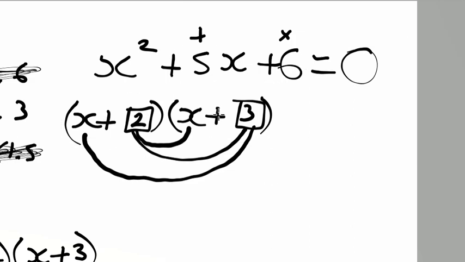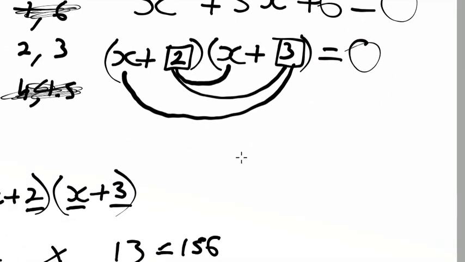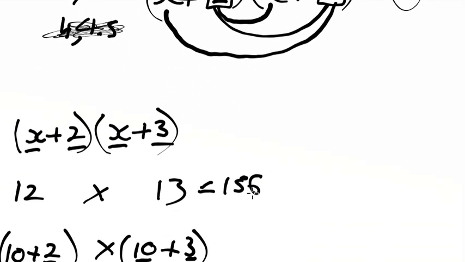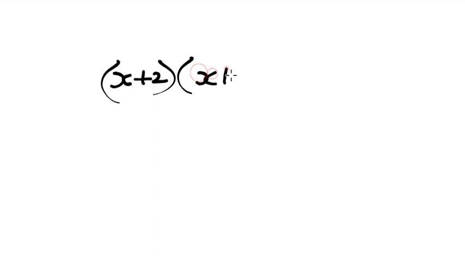So that means that these two brackets must multiply together to make 0. Now think of any two numbers in the world that multiply together to make 0. If x plus 2, whatever that is, this number, multiplies with x plus 3, whatever that is, this other number, and when they times together it makes 0, one of them has to be 0.